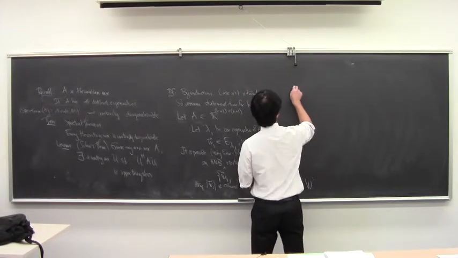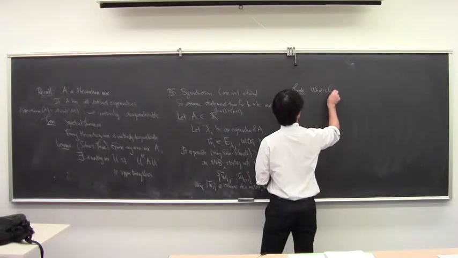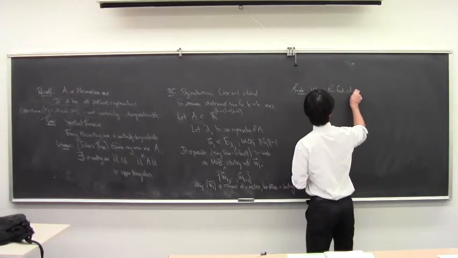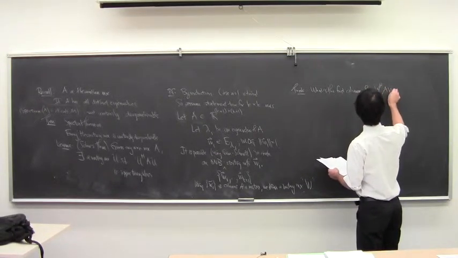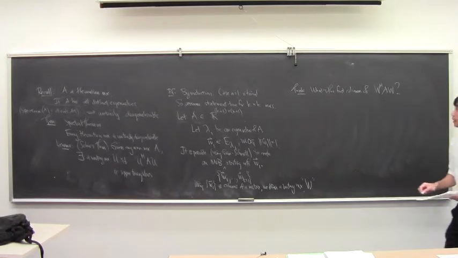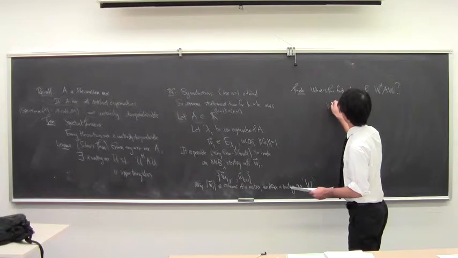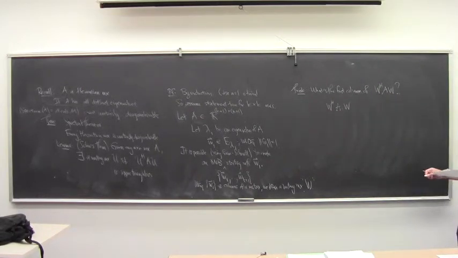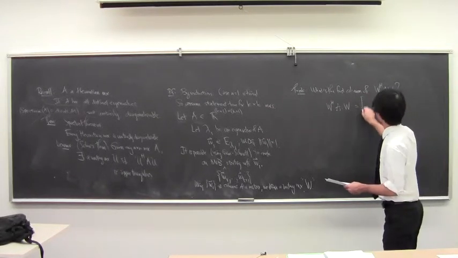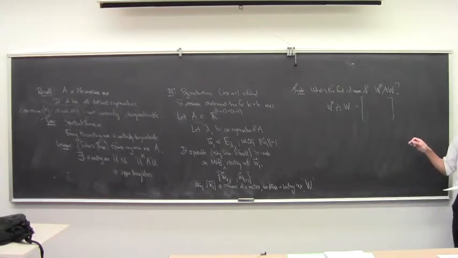So let's think. What's the first column of W^H A W? So you take your matrix A, and you take W^H A W. What do you get? What's going to be the first column of that?